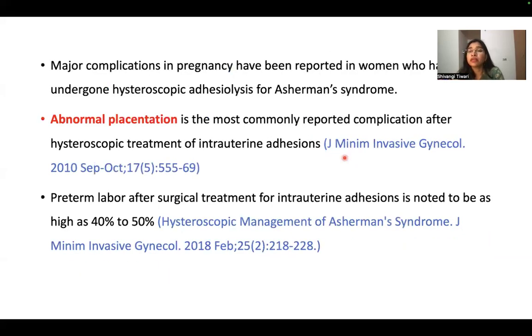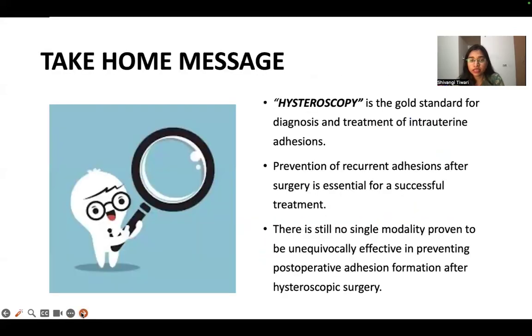Major complications in pregnancy have been reported in women who have undergone hysteroscopic adhesiolysis for Asherman syndrome. Abnormal presentation is the most commonly reported complication after hysteroscopic treatment. Preterm labor after surgical treatment is noted to be as high as 40 to 50%. So these are the complications that can occur.